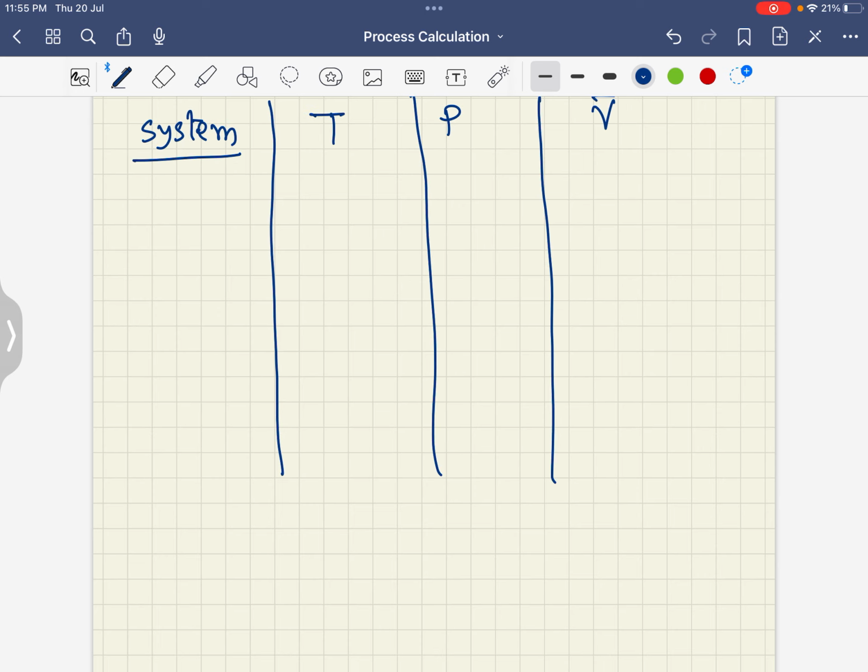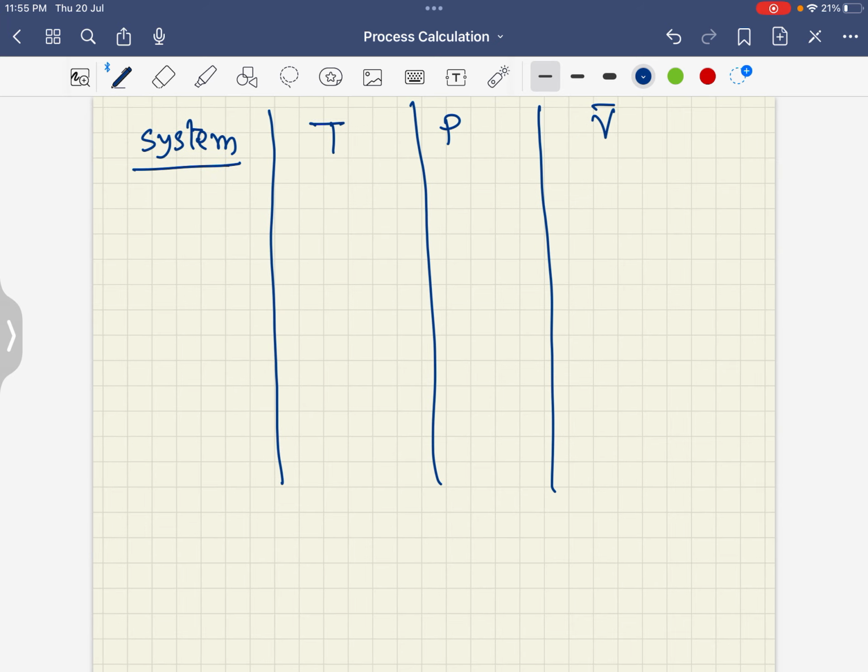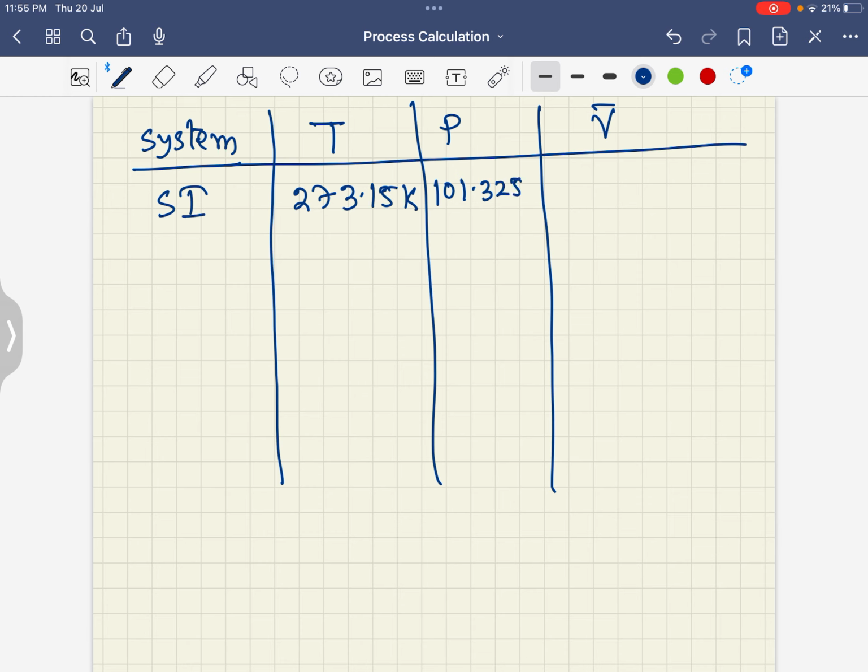So if you remember, we can easily calculate what will be the R. So now SI unit, T is 273.15 Kelvin, pressure is 101.325 kilopascal, then volume is molar volume, so that is 22.414 meter cube per kg mole. That is one.